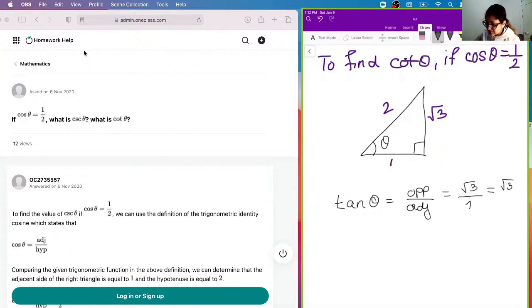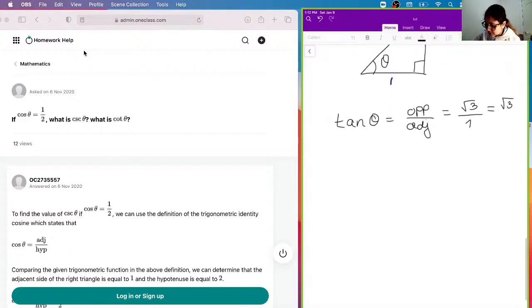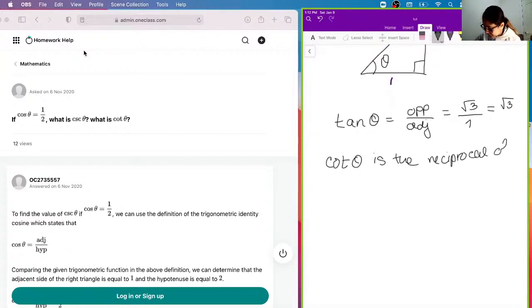Then, getting the reciprocal of this expression will give us cotangent theta, because cotangent theta is the reciprocal of tan theta.